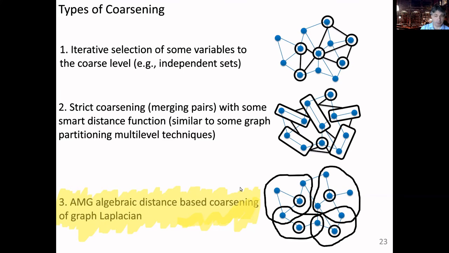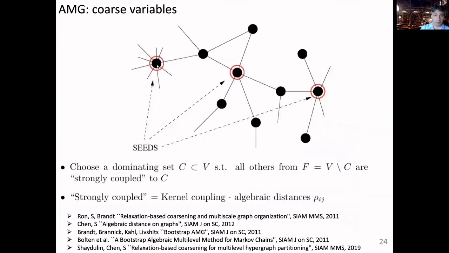So how do we do this algorithmically? We start with selecting the most representative nodes. It's a dominating set of nodes in such a way that all nodes that are not these seeds are strongly coupled to the chosen seeds.